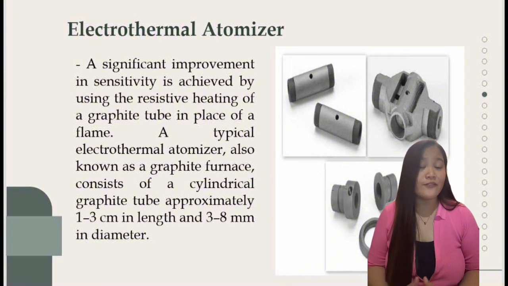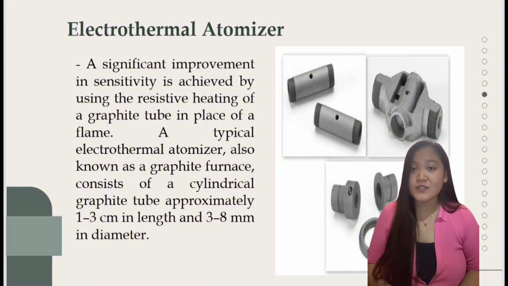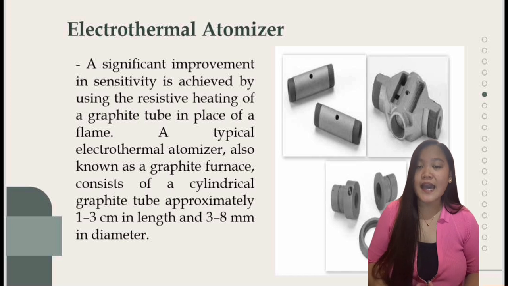Instead of using a flame, which is hot but can be messy and not very precise, an electrothermal atomizer uses electricity. It has a small hollow cylinder made of graphite, a form of carbon that conducts electricity well. When you run an electric current through the graphite tube, it heats up tremendously like a tiny oven. So the sample is injected into this hot graphite tube.